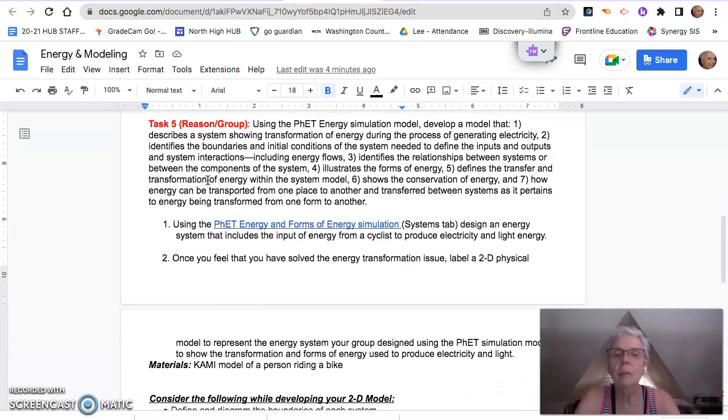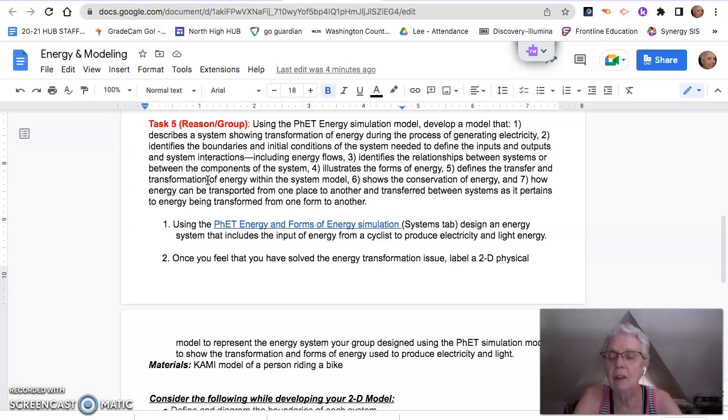So we're going to use something called PhET. PhET is a simulation website, and in this particular case, we're going to be simulating energy through a model. We're going to describe a system by showing the transformation of energy from one form to another. We're going to look at inputs and outputs, and energy flows.